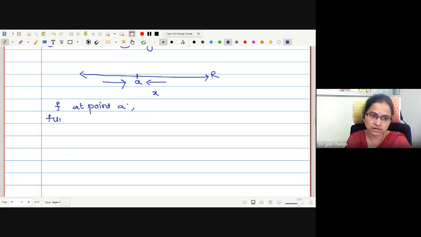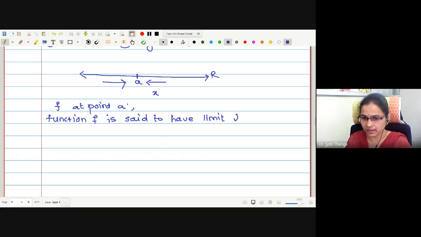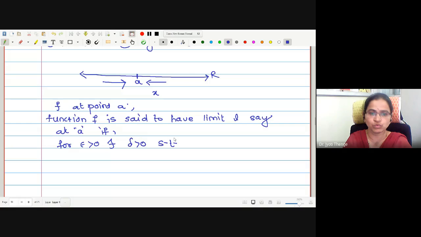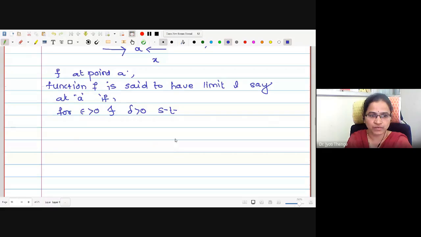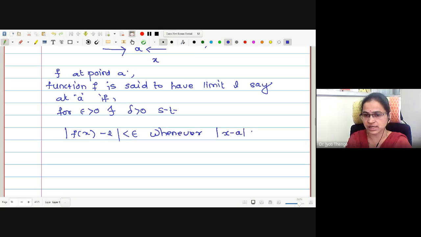Function f is said to have limit L at point A if for every epsilon greater than 0 there exists delta greater than 0 such that mod of f of x minus L is less than epsilon whenever mod of x minus a is less than delta.